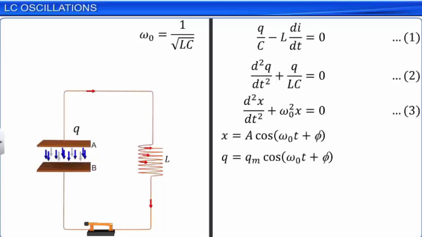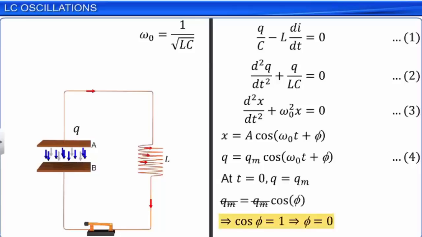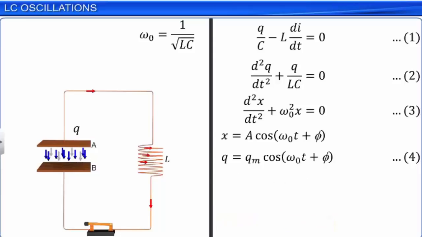Let this be equation 4. At time t equal to 0, the charge q on the capacitor has the maximum value Qm, which means that cos phi has to be 1, and hence phi has to be 0. Hence, equation 4 now becomes q is equal to Qm cos 𝜔0t. Let this be equation 5.